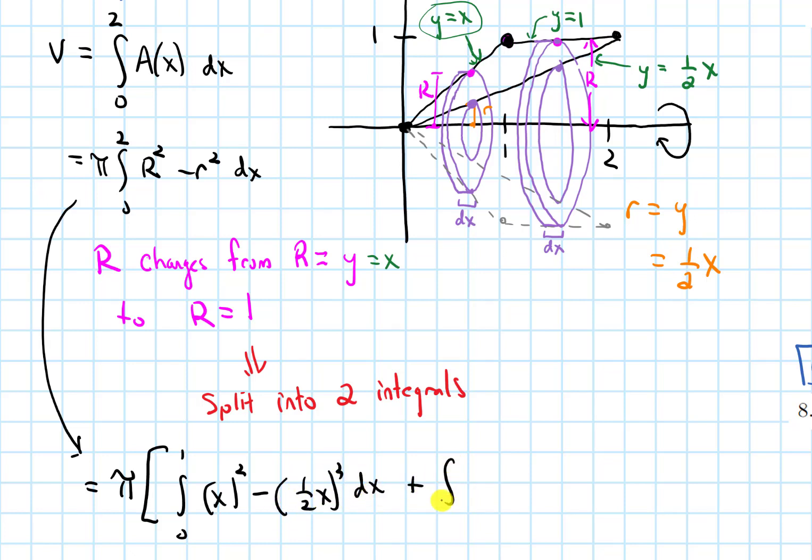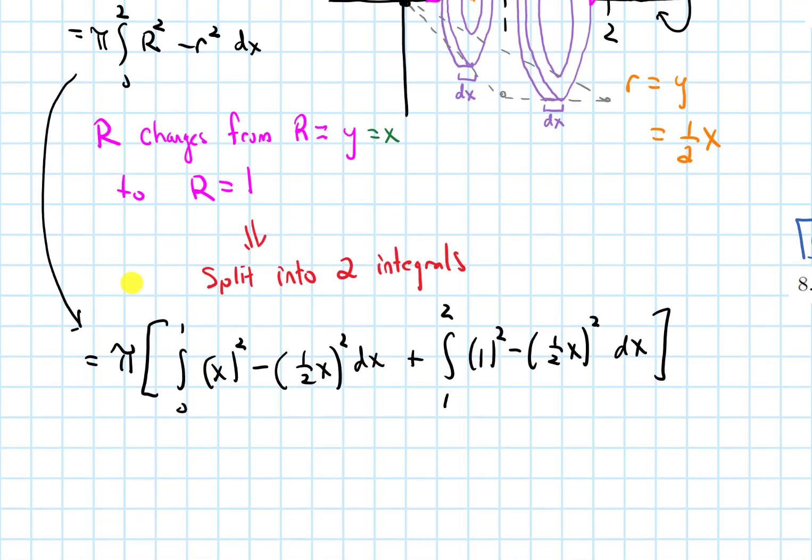And then plus, now we'll have another integral. The next integral goes from 1 to 2. And then on that interval, big R, we said, was 1. We have 1 squared, and then minus little r, which is still 1/2 x squared, and we'll get dx. Close that bracket. Okay, so from here, we just have to do some algebra and take some antiderivatives.